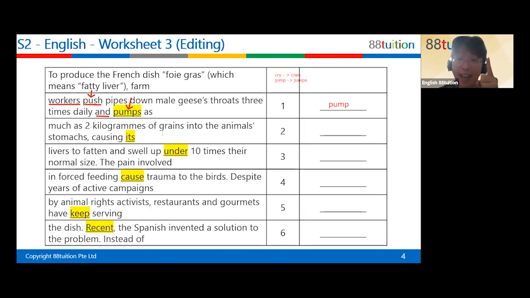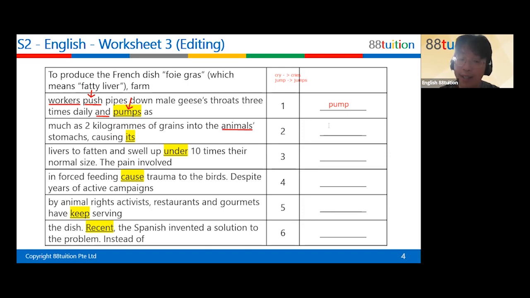We use they, them or their when we refer to the plural. So therefore, in this case, its is actually wrong, because we are, after all, talking about the animals. That's plural, isn't it?